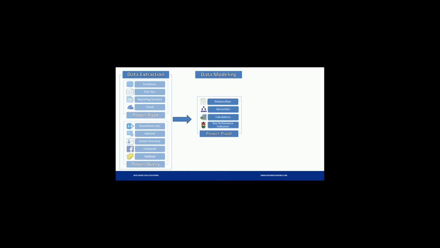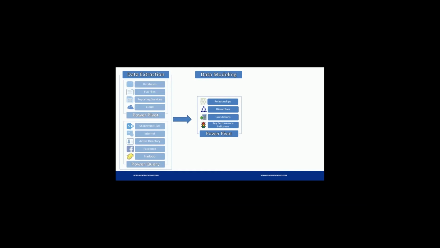Now, clearly, you could do something like you would do in an enterprise system where you would create a full data warehouse and use SSIS to load it, but you could also use PowerPivot to create more of a self-service solution.